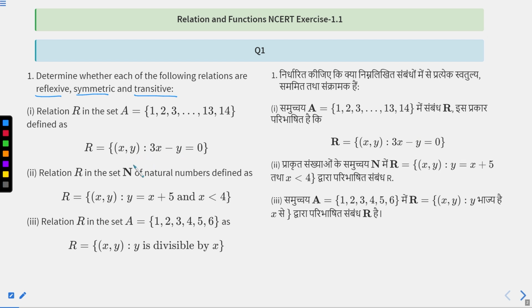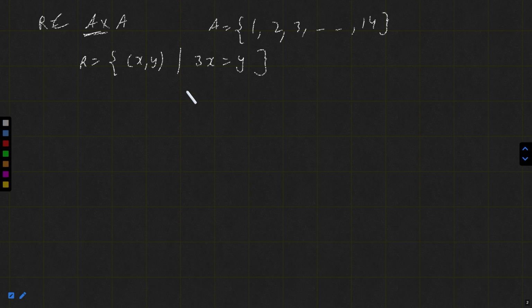Now, first of all, let's list out all the elements, because the elements are not that many, so we can easily list them and answer our question. So 3x must equal y.